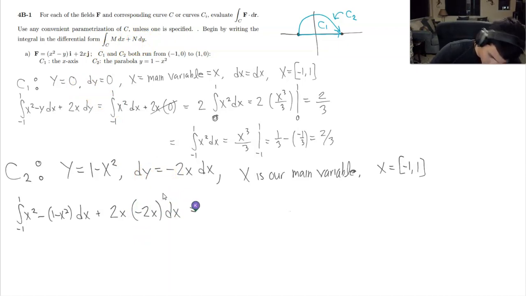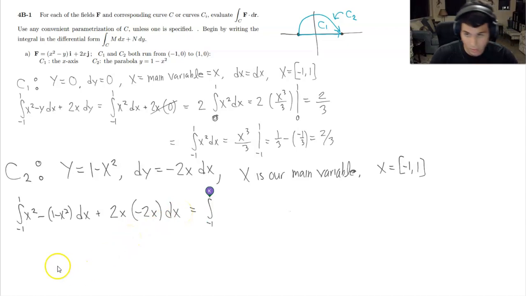Like I said, you always need a simplified integral to get as many points as possible in your test. Negative, negative, positive, 2x squared. Okay, 2x squared minus 1.